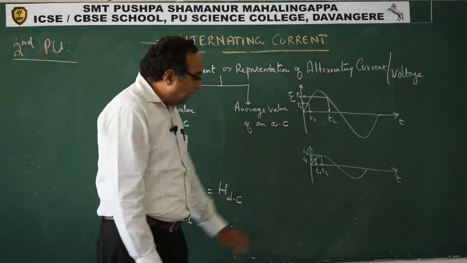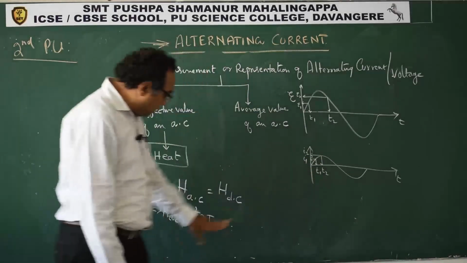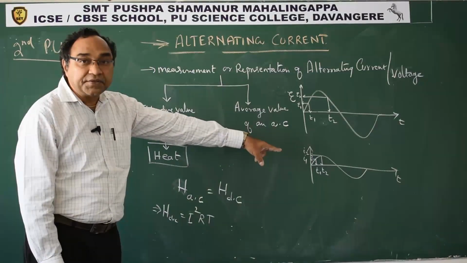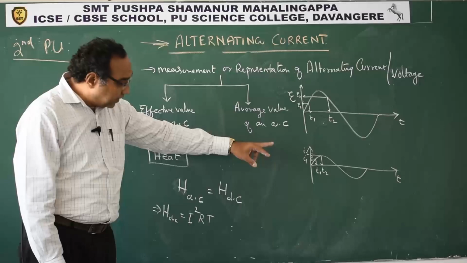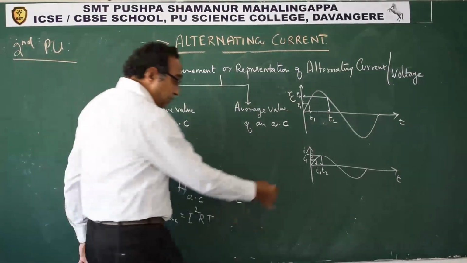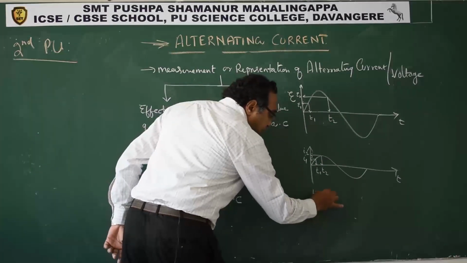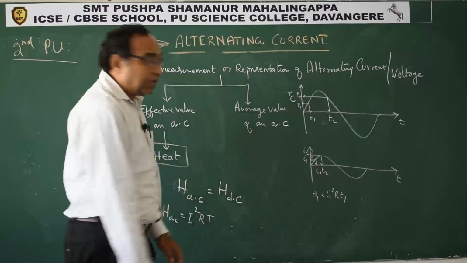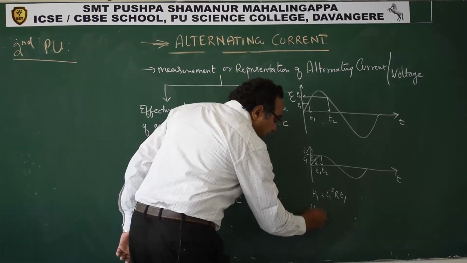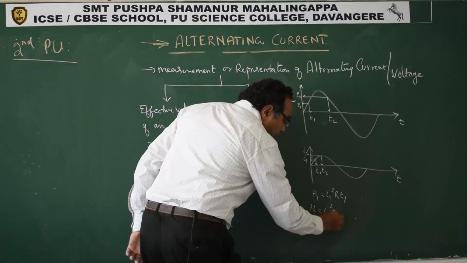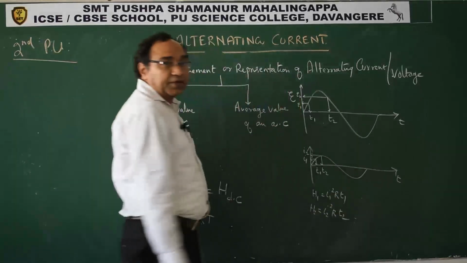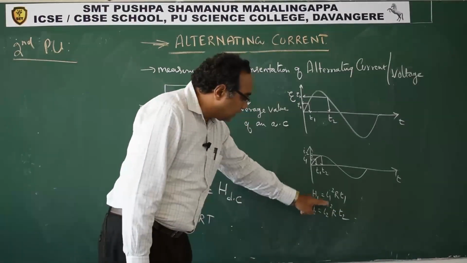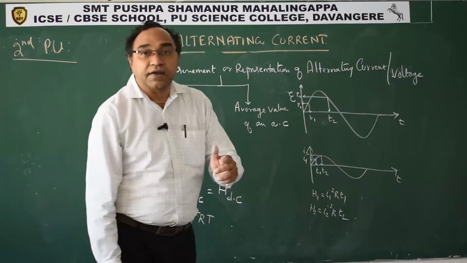So can we say that current is the same, that you will have I square RT at every instant? Current is different. At every instant the current is different, so at the first instant we will say I1 square R T1. At the other instant, H2 is I2 square R T2. Like this, at all the instants the currents are different and we will get heat.